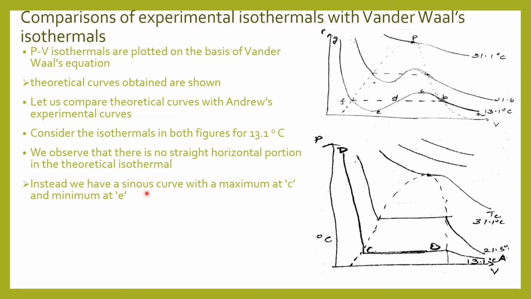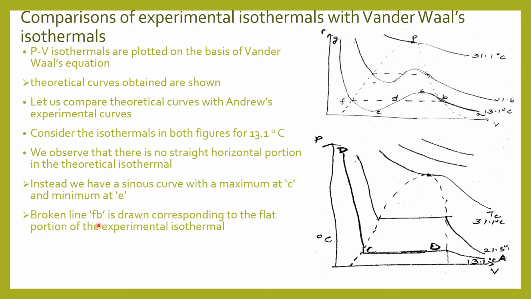Instead, we have a sinuous curve with a maximum at C and minimum at E. So here in the Andrews isothermal, there is this portion which is horizontal, but here that is not present. It is in the form of a sinuous curve with a peak at C and minimum at E.